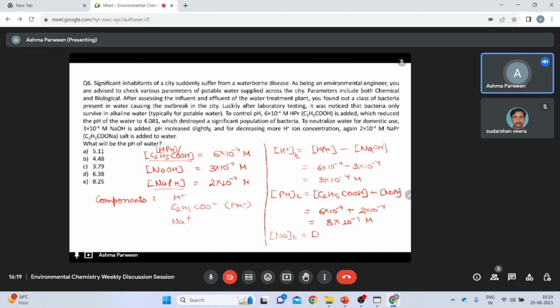So it will be NaOH plus NaPr, which will be 3 into 10 raised per minus 4 plus 2 into 10 raised per minus 4, which will give us 5 into 10 raised per minus 4 M. So finally we will put these components along with their concentration in Visual MINTEQ, and we will run the software and we will get the final pH.